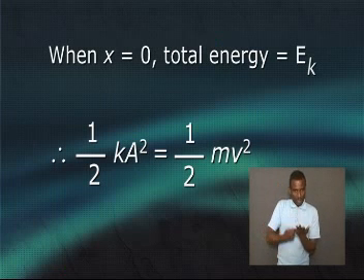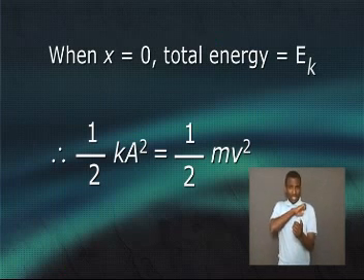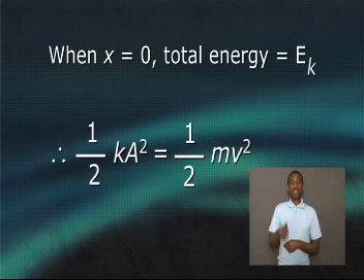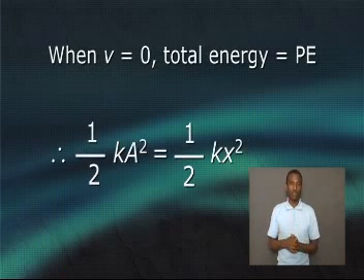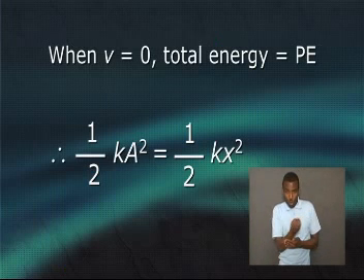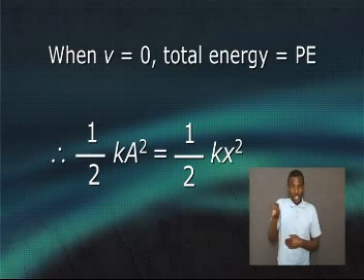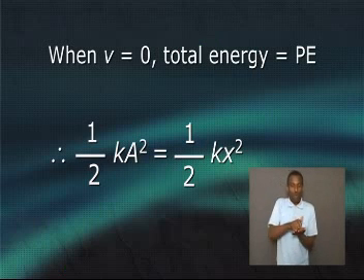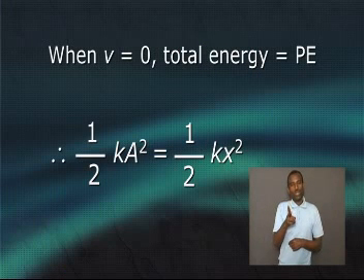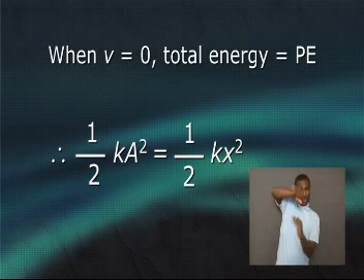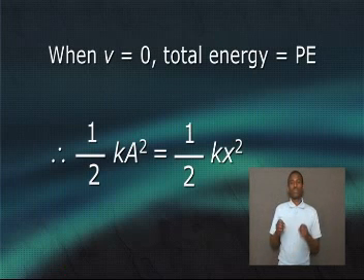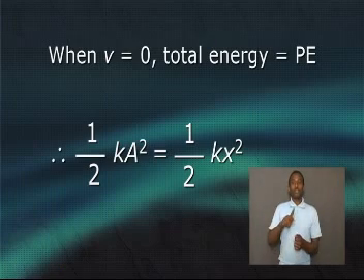Thus, its total energy is its kinetic energy. When an object is at its limit of oscillation, its displacement is the amplitude A, which means that its velocity is 0. Thus, its total energy is its potential energy.